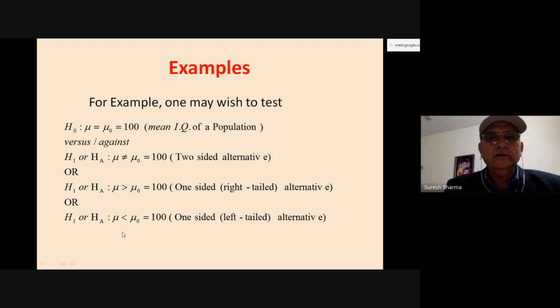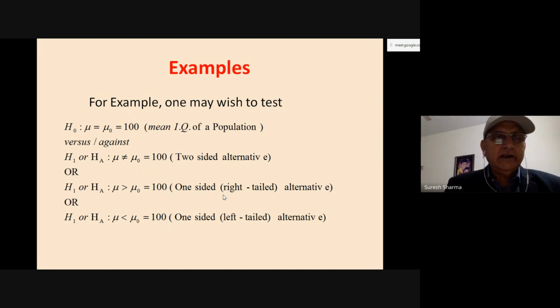And here we write left tail because it is on the left hand side. So your alternative, depending upon your research problem, could be either two-sided or one-sided. And further, if it is one-sided, it could be right tail or left tail, right?